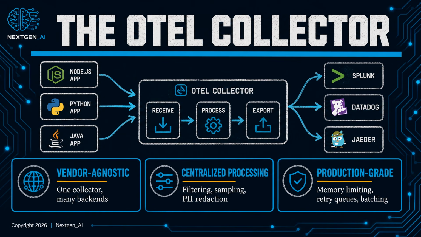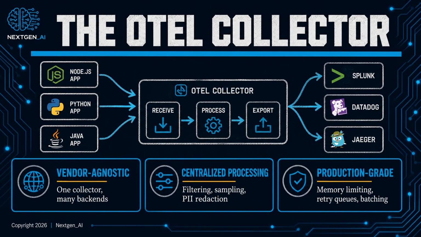Receivers define how data gets into the collector, typically via the OTLP receiver listening on gRPC or HTTP ports. Exporters define where the data goes, such as the Splunk HEC exporter or a Prometheus exporter. But the true power of the collector lies in the processors. Processors sit in the middle of the pipeline and allow you to mutate, filter, and enrich the telemetry data in flight.